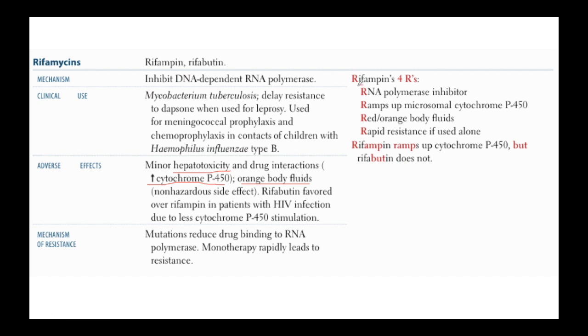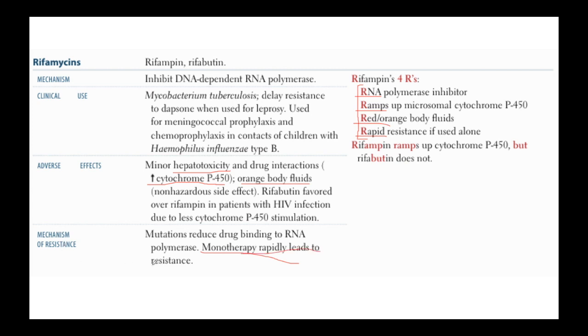And so you can also note this little way to remember rifampin's information by the 4 R's. So RNA polymerase inhibitor. It ramps up your cytochrome P450 system. Red-orange bodily fluids, and there is also rapid resistance if used alone. So monotherapy. That did not come out as a straight line.